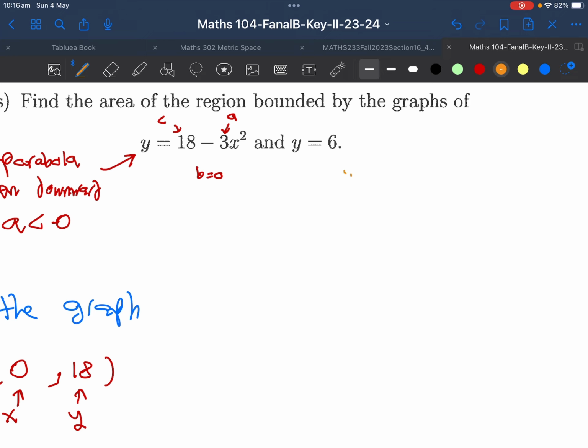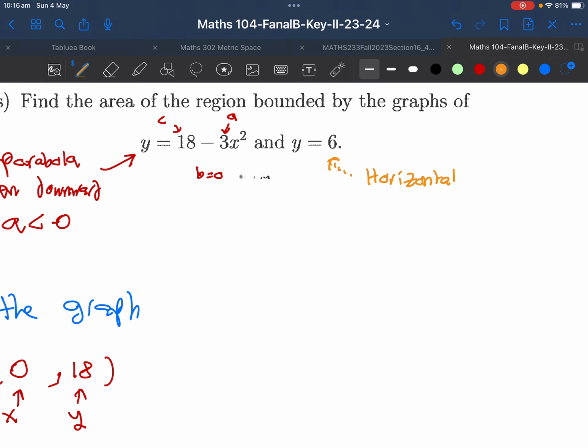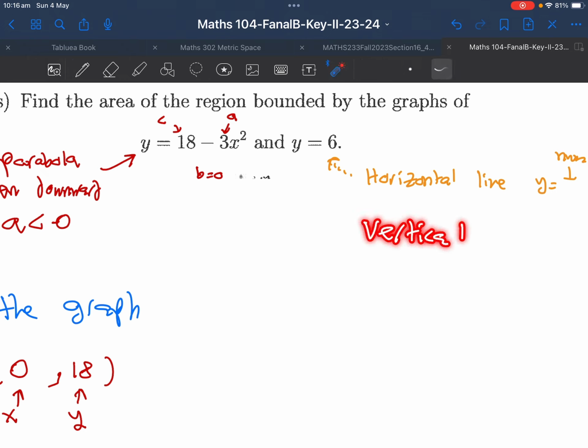Now, the other one, this one, is a horizontal line. And how do we know it's a horizontal line? Because it is y equal to just a number. Now, if it is a vertical line, it will be x equal to a certain number.